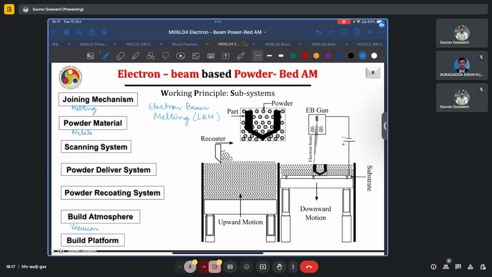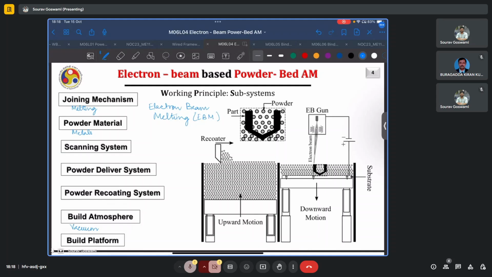So we will not be able to print any parts should the vacuum of the system be affected. Thus, the path between the electron beam and the target material should be empty, and this can be achieved only by a vacuum.